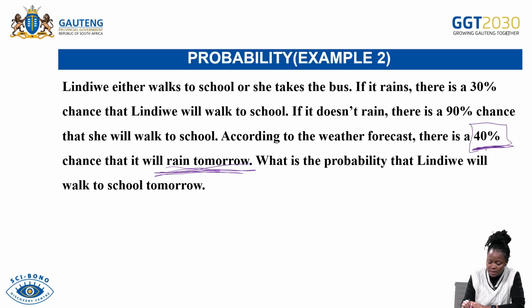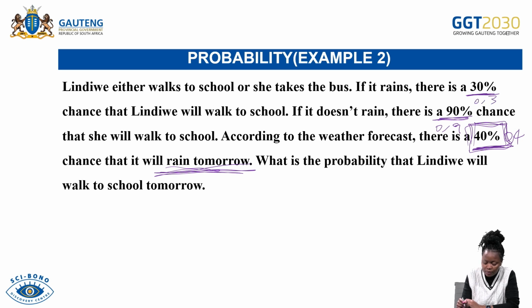Remember, 40% is now your probability, right? So you can convert this percentage to a number or to a fraction. I can divide this by 100 and get 0.4, and even this one, I can divide by 100 and get 0.9. And this one, I can divide by 100 and get 0.3.